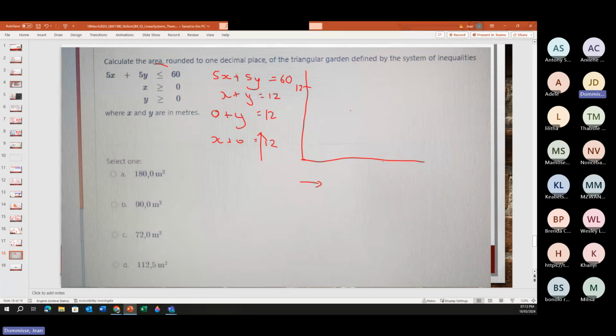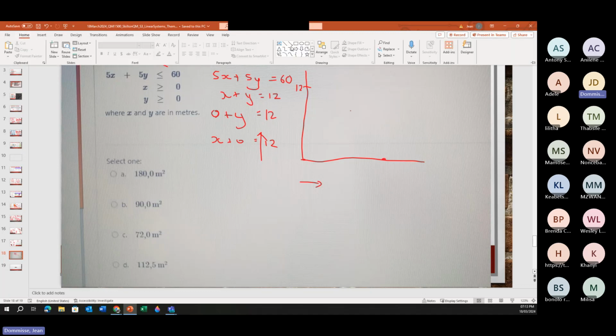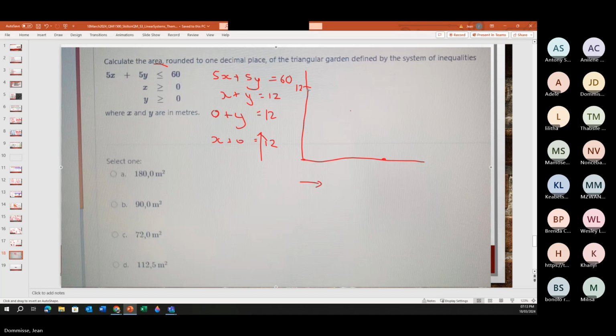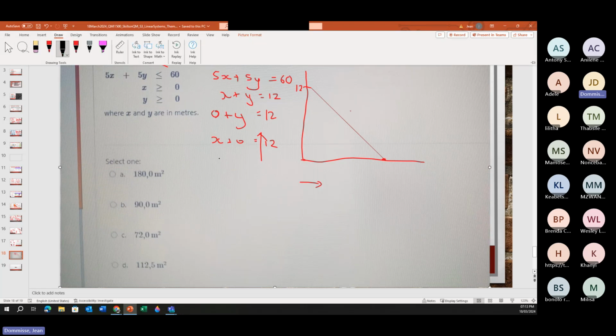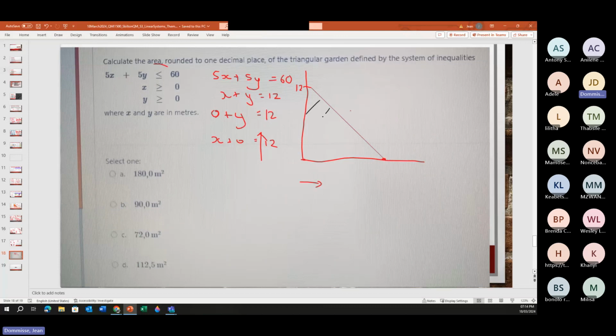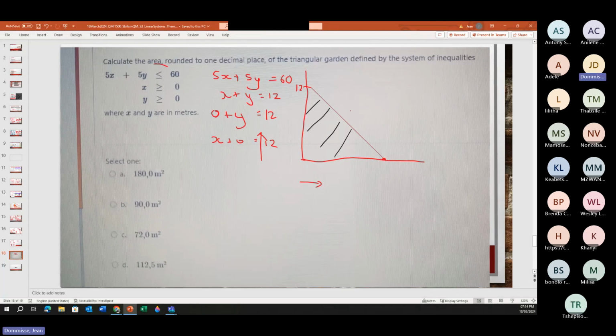And now we sit with a line, and I'm not going to try and draw that. Let me get those two. So now we sit with this area that we will need to actually calculate, what is the area of this.